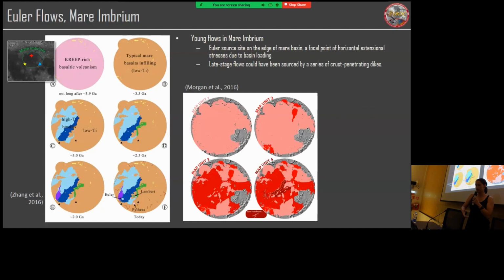Again, like I mentioned earlier, the Euler area is the source site, and this site is a focal point of the horizontal extension stresses due to that basin loading. So essentially that's an area where the crust is opening up and allowing a series of crust-penetrating dikes to bring up all that lava to the surface.